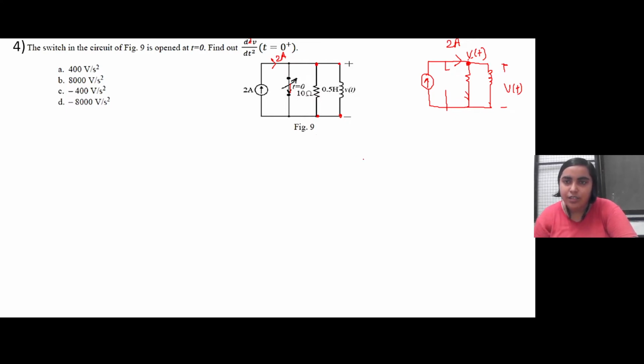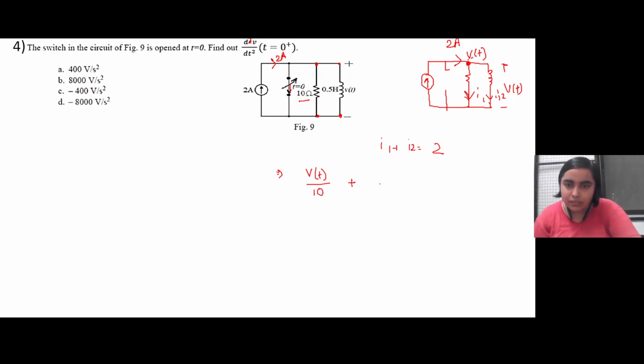Using KCL, current going in is equal to current going out. If currents I1 and I2 are flowing, I1 plus I2 will be equal to 2, right? So what is I1? Voltage by resistance. Resistance is given as 10 ohm, so this is V of t by 10. What is I2?